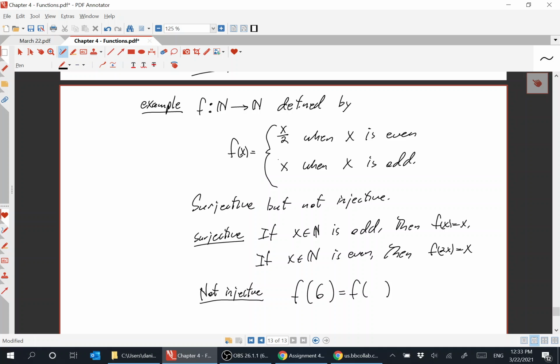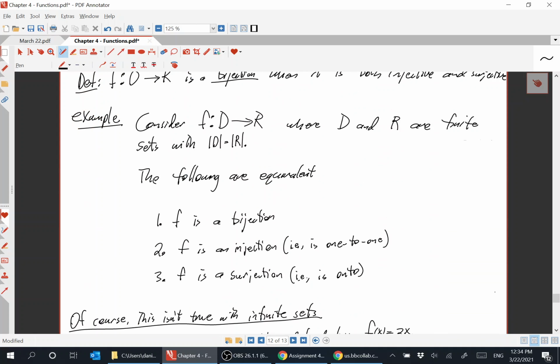What's f of 6? 3. What else is equal to 3? F of 3. Yeah. F of 6 is equal to f of 3, which is 3. But 6, of course, is not equal to 3. So it's not injective. Surjective, but not injective.